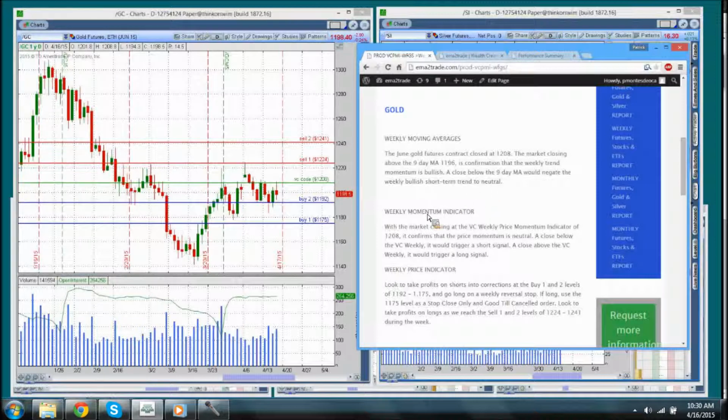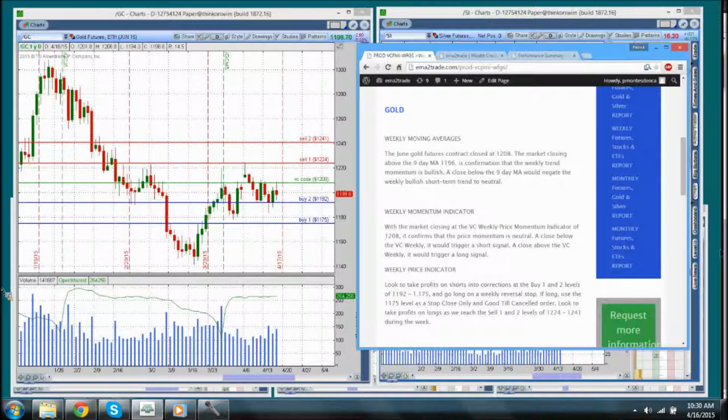The weekly momentum indicator is another component of the algorithm that we use, which is the pivot point for the week. With the market closing at the VC Weekly Price Momentum Indicator of 1208, it confirms that the price momentum is neutral.